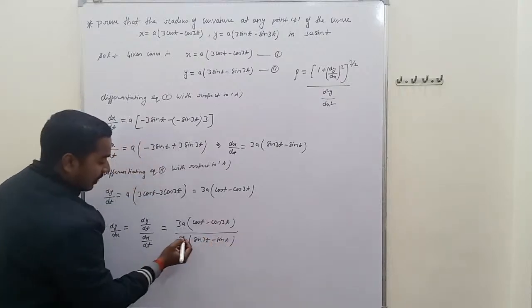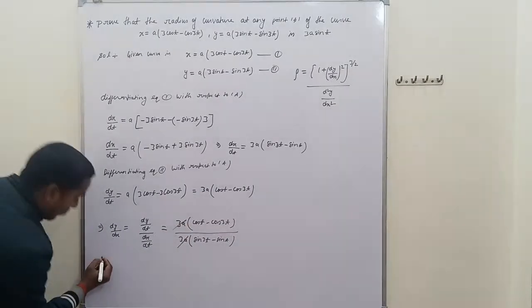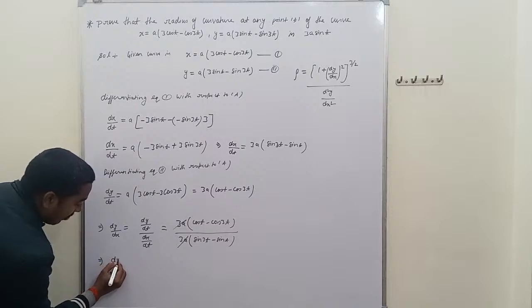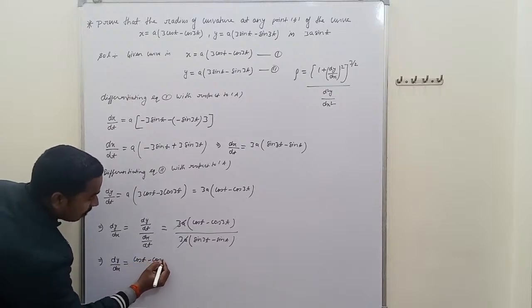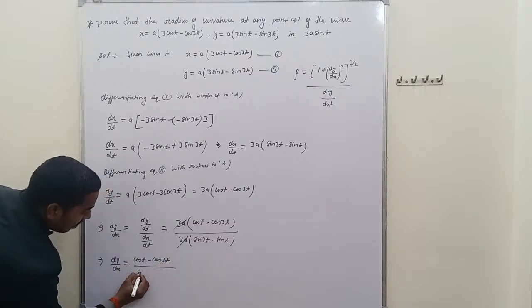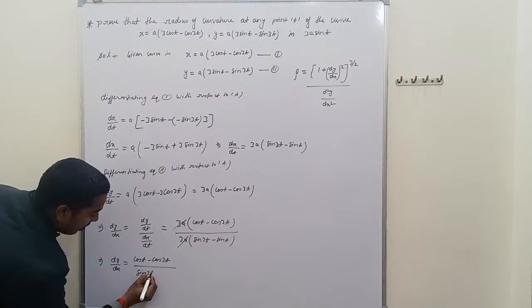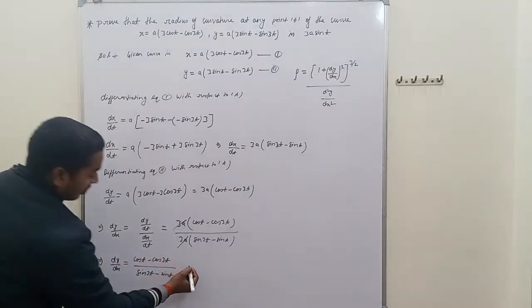The 3a cancels out, and the value of dy/dx is (cos t − cos 3t) upon (sin 3t − sin t). Further we have to find the value of d²y/dx², so we have to differentiate. Let this be equation third.